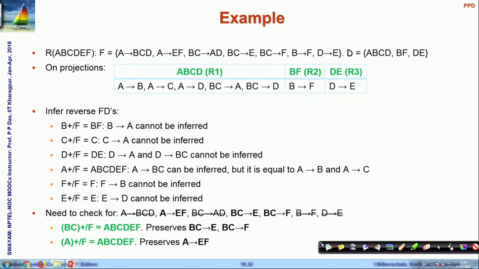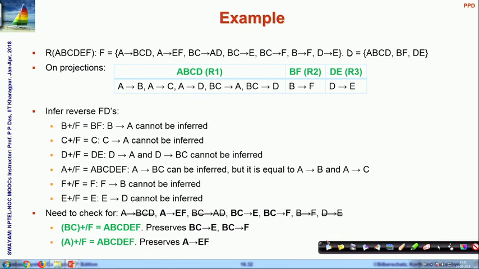So, with this, your test for reverse functional dependencies is passed, and then you finally check for the 3 dependencies which are not part of the projected set of dependencies. You take the closure of the left hand side with respect to, in this case, again the original set of functional dependencies, not the projected one, and check if the right hand side belongs there.